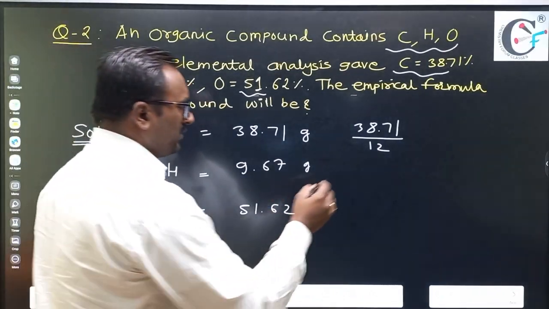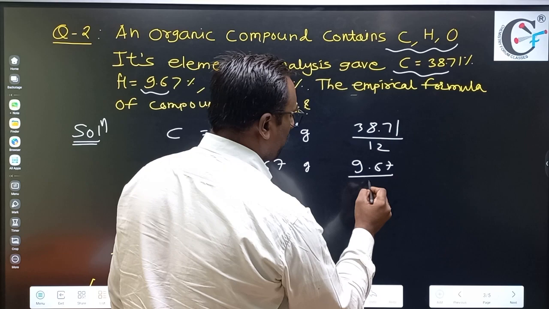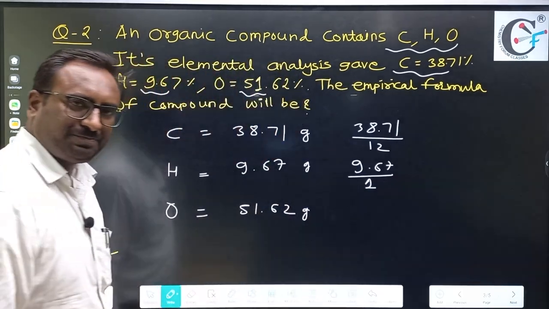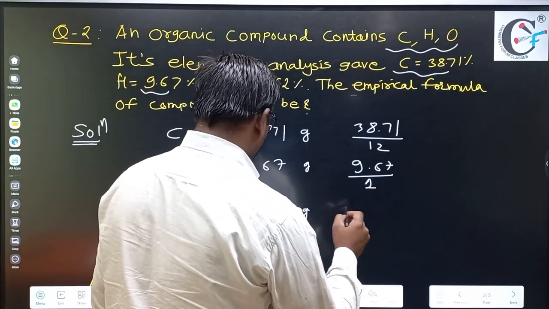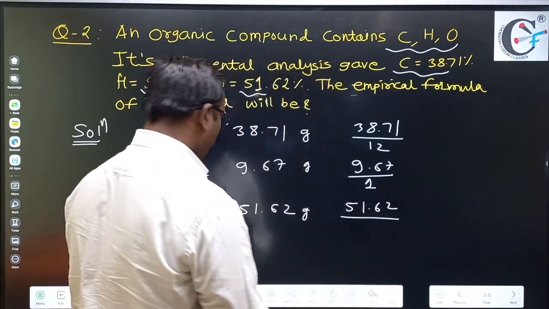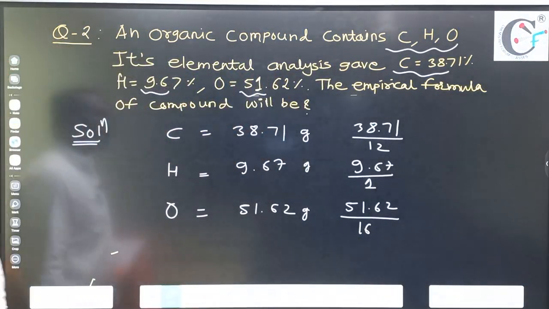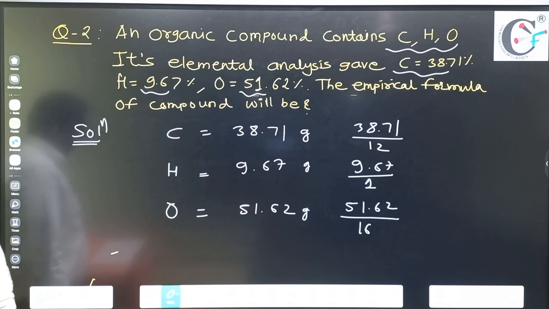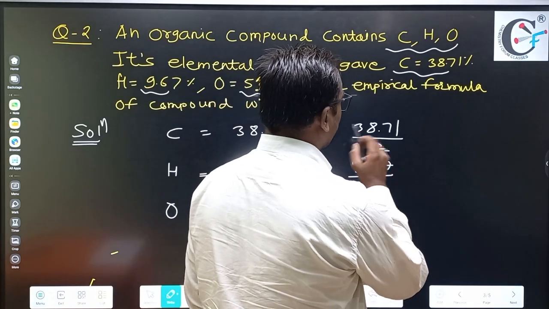Given mass is 38.71 and molar mass of carbon is 12. Then for hydrogen, 9.67 gram is the given mass and the molar mass of hydrogen is 1. And for oxygen, the given mass is 51.62 and the molar mass of oxygen is 16. So we will get the ratio. 12 3s are 36.